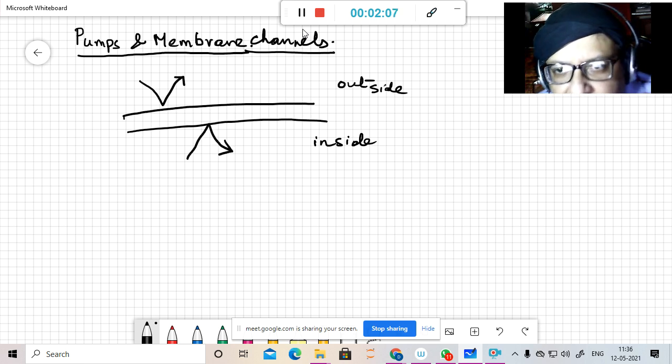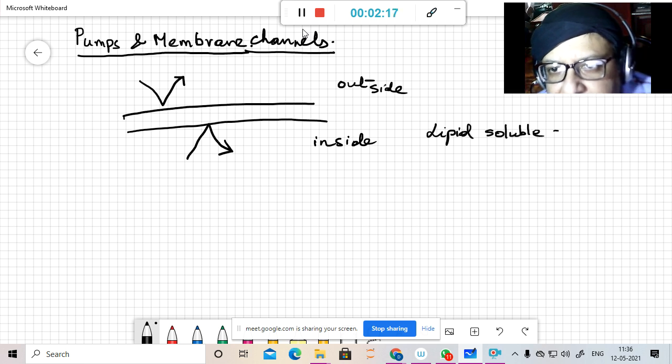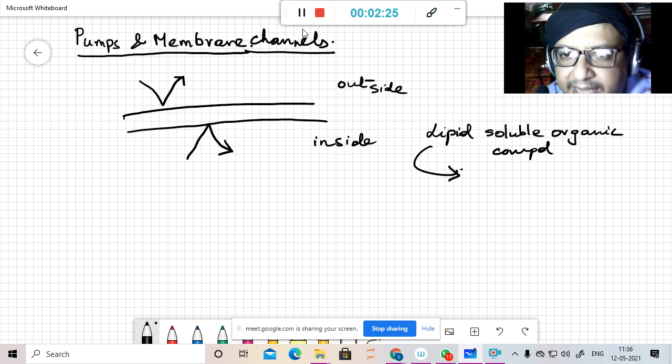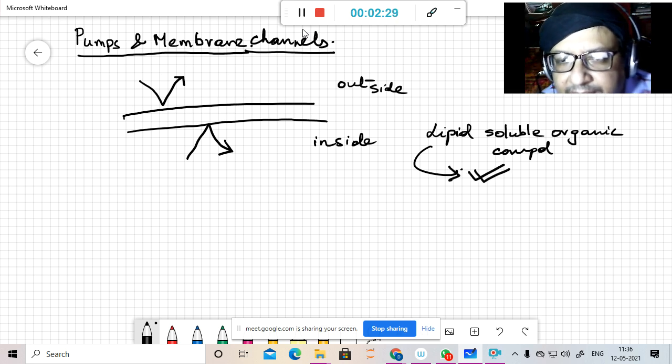So what are the compounds which are easily allowed inside? Any lipid soluble organic compound. It can be a steroid or something. They can easily pass throughout.